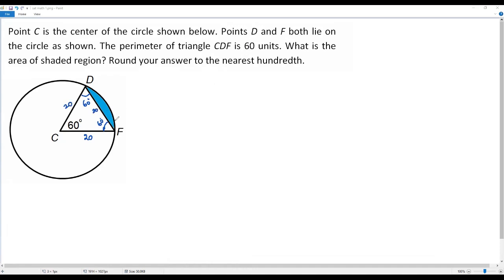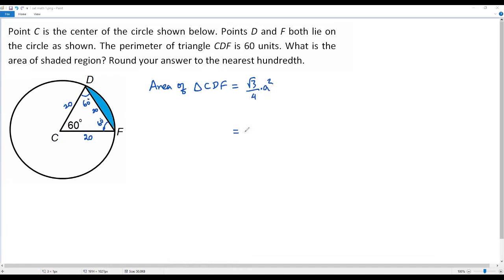Now we know the length of each side of this equilateral triangle, and there is a formula to get the area of an equilateral triangle. The area of equilateral triangle CDF equals square root of 3 over 4 times a squared, where lowercase a represents the length of each side of the triangle. We know that the length of each side is 20, so let's plug in 20 for a.